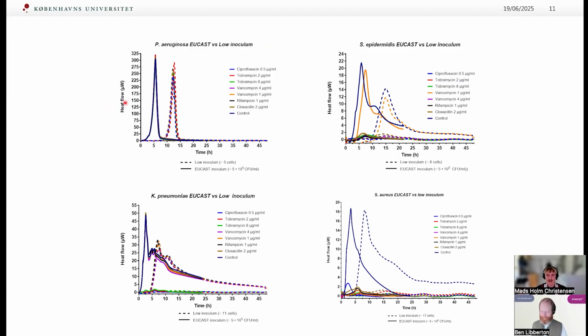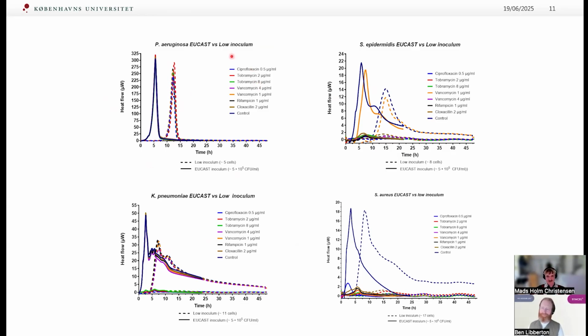I would also like you to notice on this slide how each of the different species have unique heat flow signatures or metabolic fingerprints, which is quite cool to see. And it makes me think that this technology can also be used for identifying what species it is. You just need a lot of data to do that.